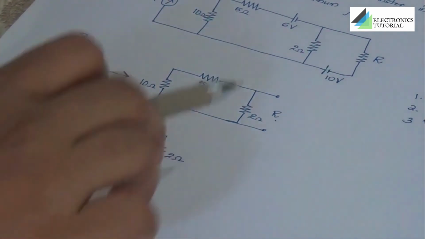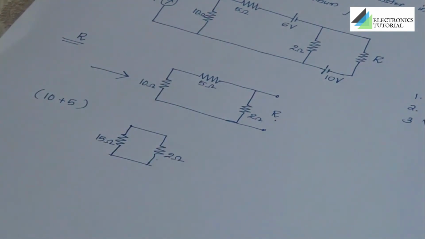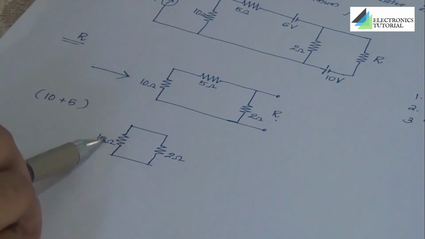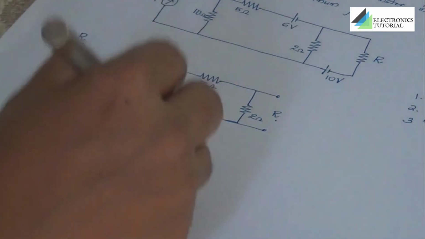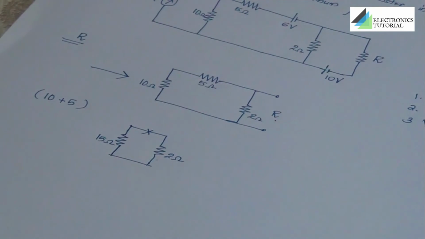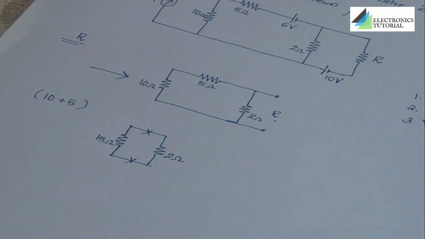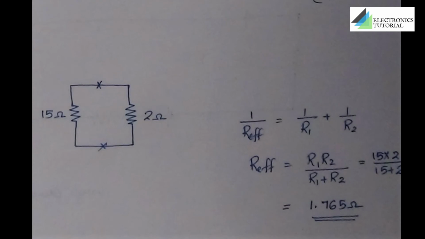The 15 ohm and 2 ohm are connected, and now we have to check what kind of a connection this is. One side of 15 ohm and the other side of 2 ohm are connected here. Similarly, the other sides are also connected. It's having an interconnection on both sides, so it will be a parallel connection.